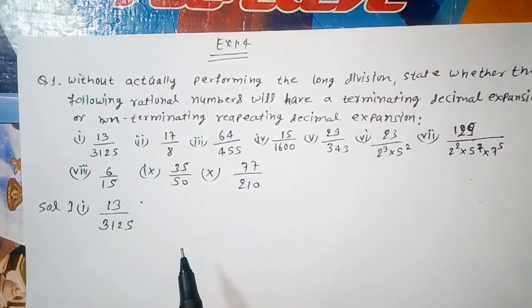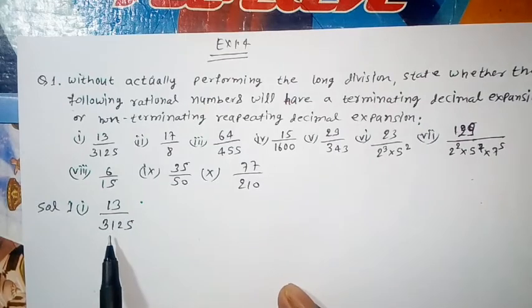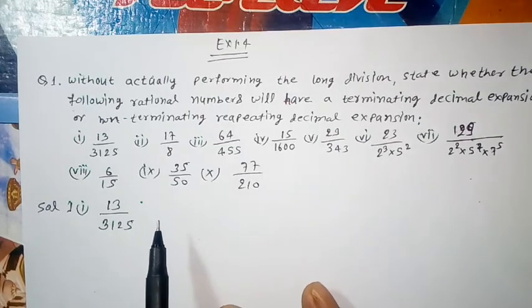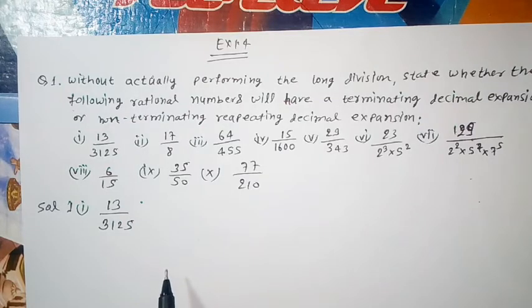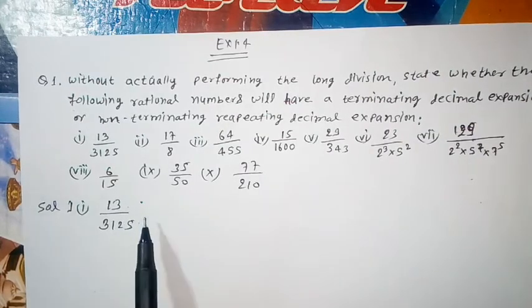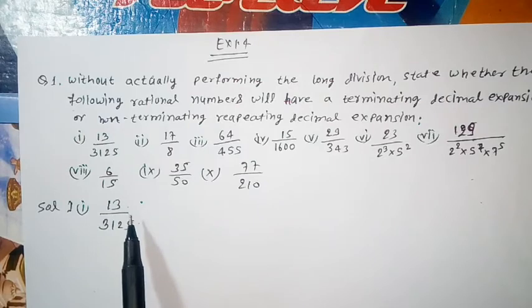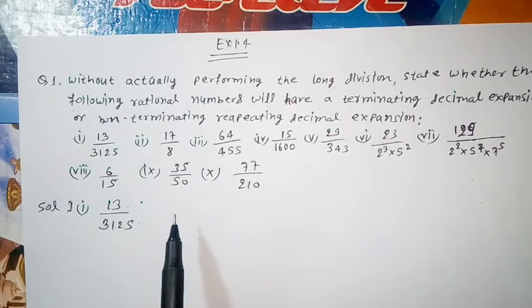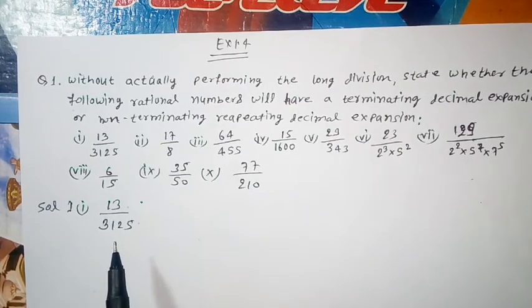First we see that 13 by 3125 is in simplest form. How can I know whether a given rational number is in simplest form or not? The simple method is to find the HCF of numerator and denominator. If the HCF of numerator and denominator is 1, then the given rational number is in simplest form.